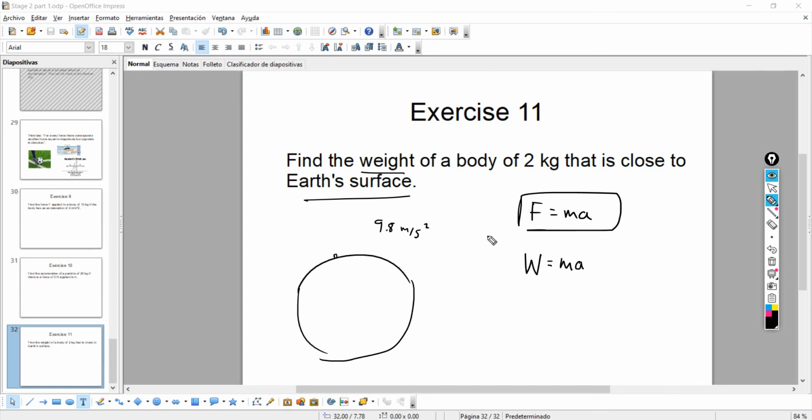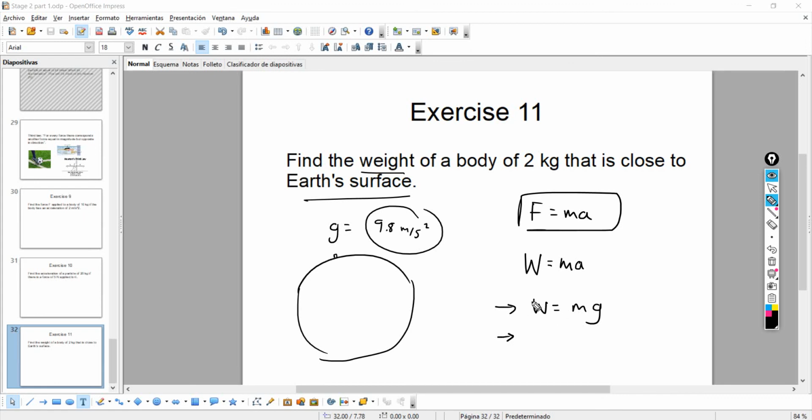So therefore, all I need to do, guys, is substitute this acceleration by this number, because this is the acceleration that a body will have close to the surface of the Earth. So let's make that substitution. The weight of this body is going to be its mass times this acceleration, which is g, the acceleration due to gravity. And that's it.